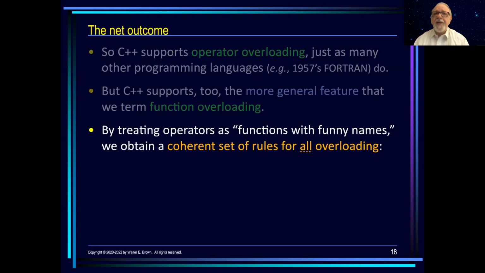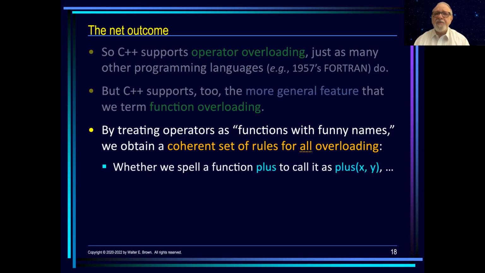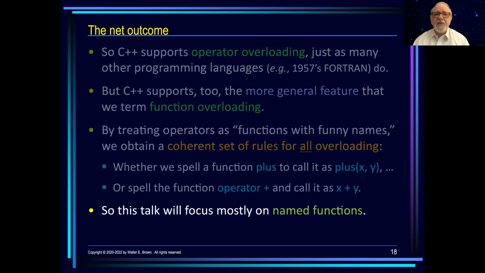So by treating operators just as functions with funny names, as in operator plus, for example, we obtain a coherent set of rules for all overloading, whether we spell a function plus and call it with prefix notation, plus of x and y, or whether we spell it operator plus and call it with infix notation as x plus y. So for today, I'm going to focus mostly on named functions, but essentially everything I will talk about will apply to operators as well.